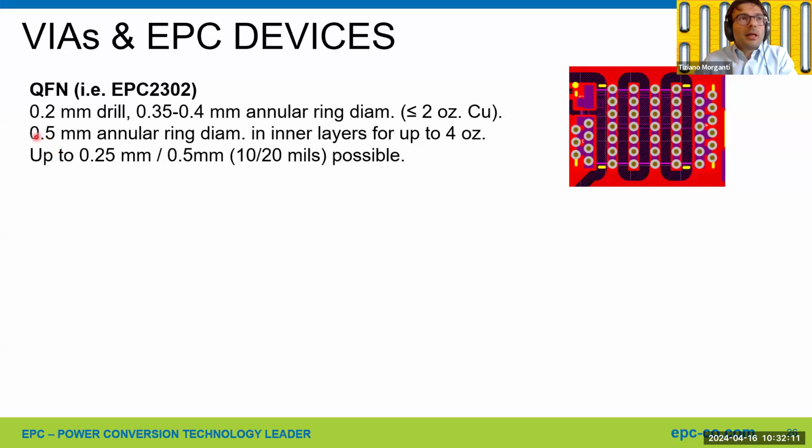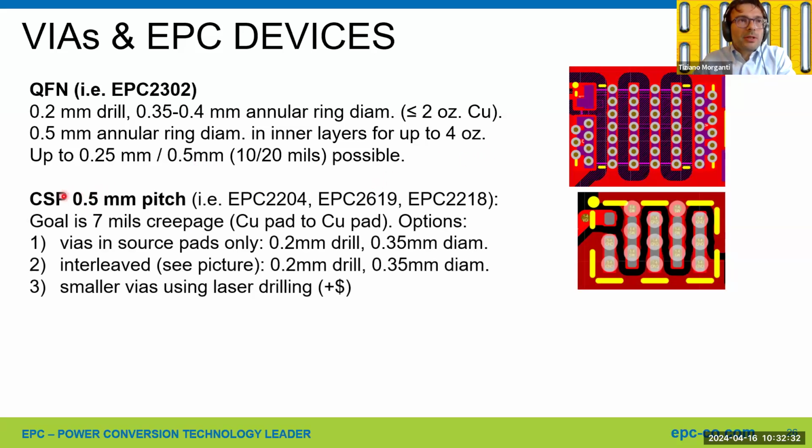And also in inner layers, we can increase the annular ring to 0.5 millimeter and handle up to 4 ounce copper thickness. It is also possible to use larger vias like 0.25 millimeter with 0.5 millimeter annular ring.